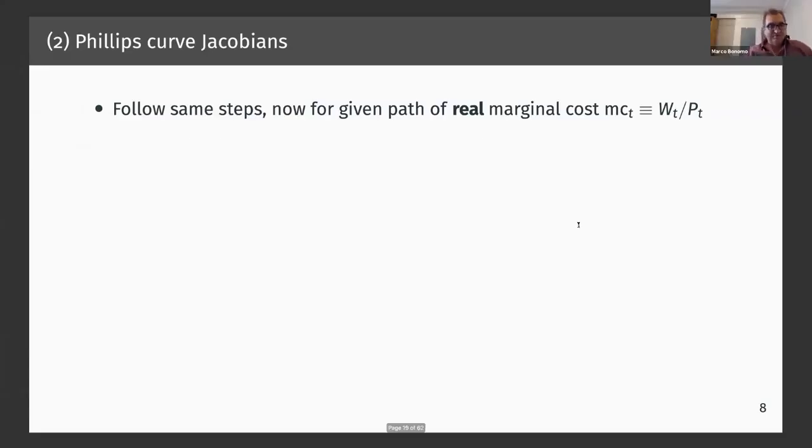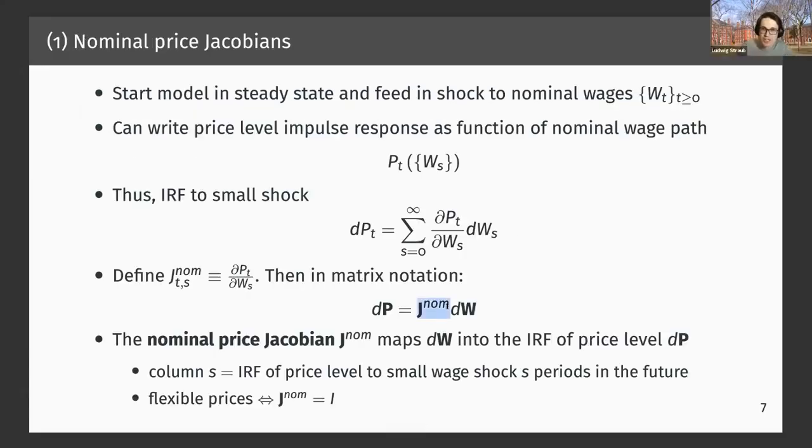Exactly. So basically what we do is we start with this J norm because that's really easy to compute in principle. We use some speed ups, but at the end of the day, all I need to do is solve the menu cost model for specific one-time shocks. Maybe I feed in a one-time shock today to nominal wages, and then I would get the first column as the impulse response of prices with respect to that shock.